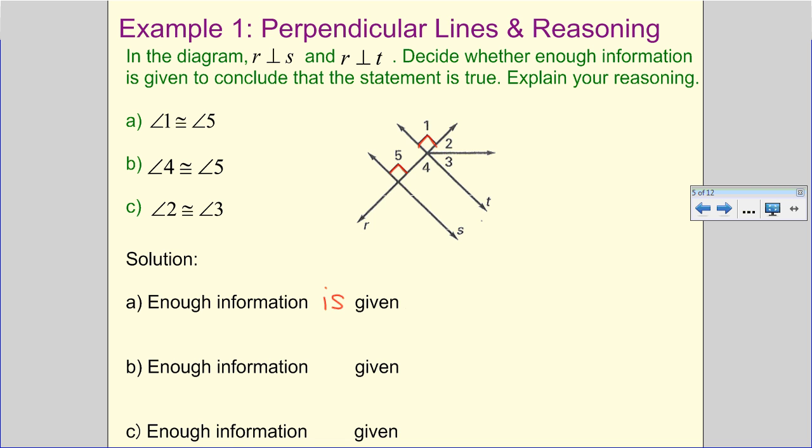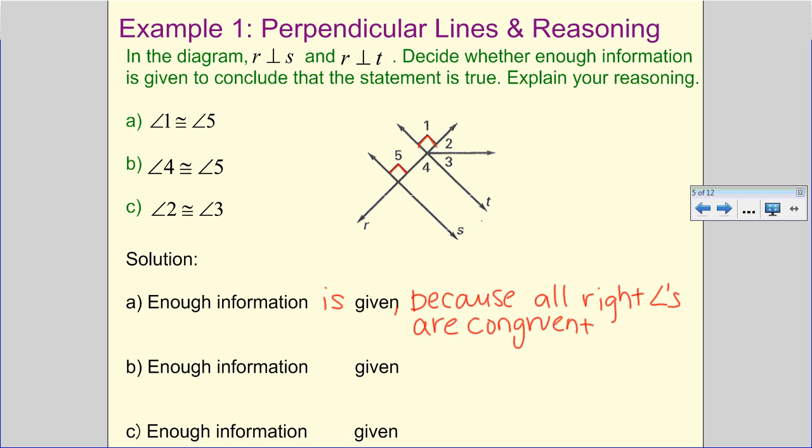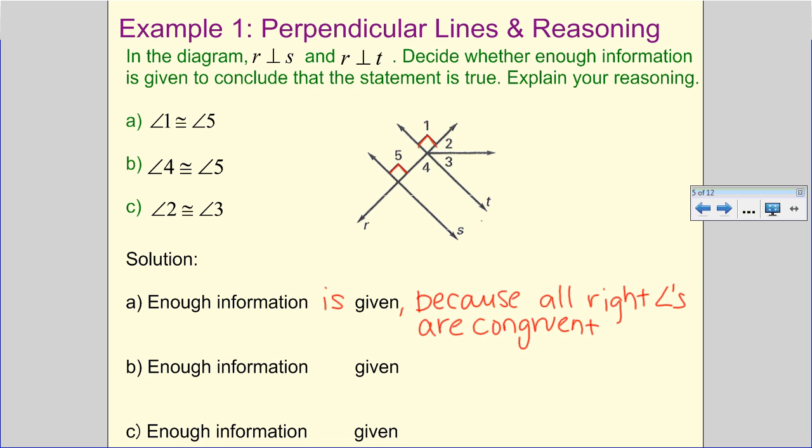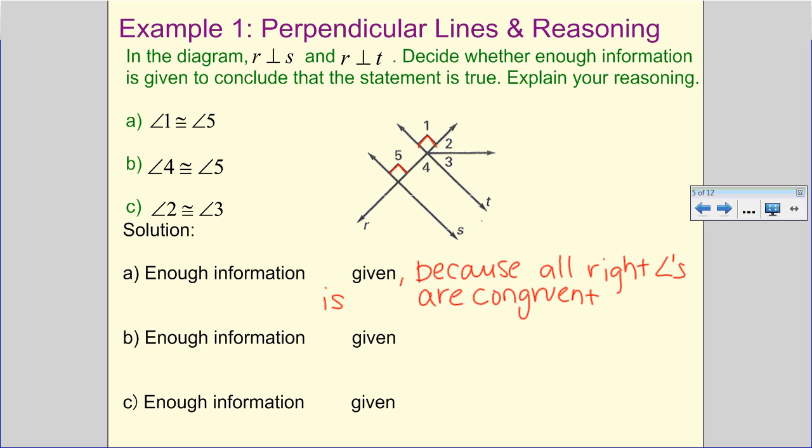And how do I know? Well, because all right angles are congruent. They're all stuck together. That's part of what we see here in theorem 3.1.